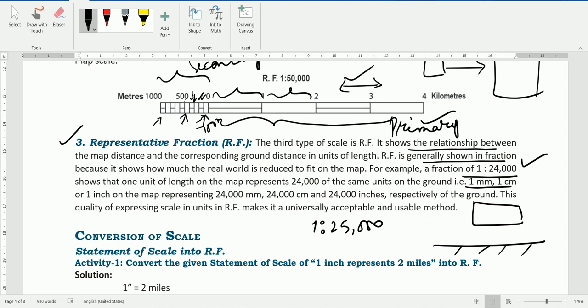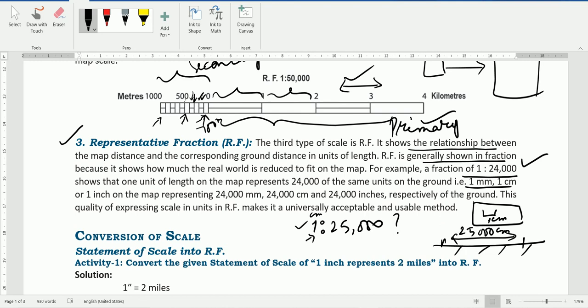So what does it mean? It means that a unit of distance on the map represents 25,000 units of distance on the ground, and you can replace this by any unit. For example, if you replace it with centimeter, a distance of 1 centimeter on the map represents a distance of 25,000 centimeters on the ground.